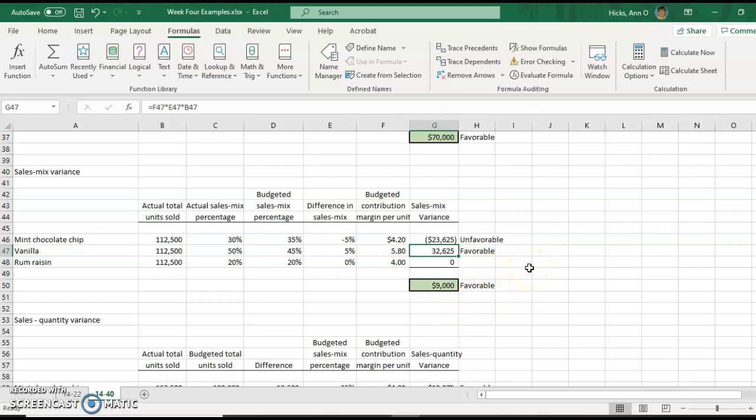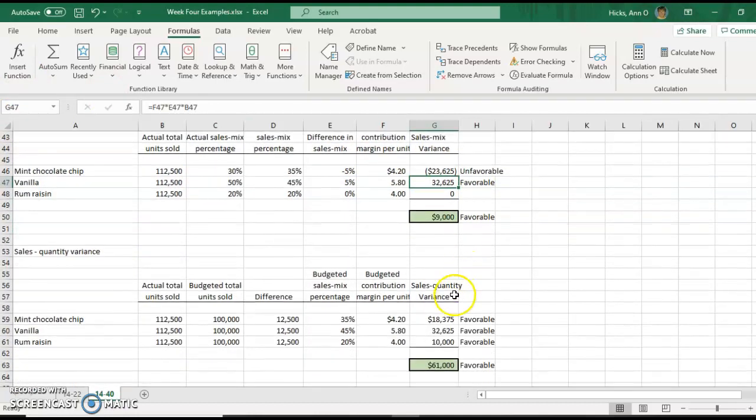So what we know from this is part of the reason our operating income varied was because the sales mix was different than we had originally planned. Now note that if all three products had the same contribution margin per unit, there would be no sales mix variance. Sales mix only matters when there are different contribution margins for the different products.